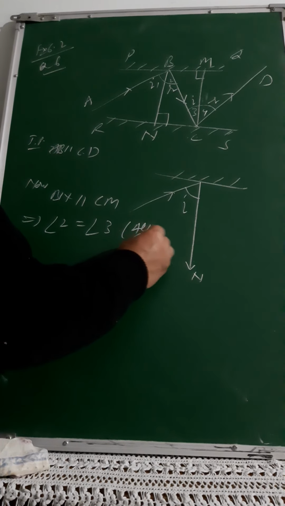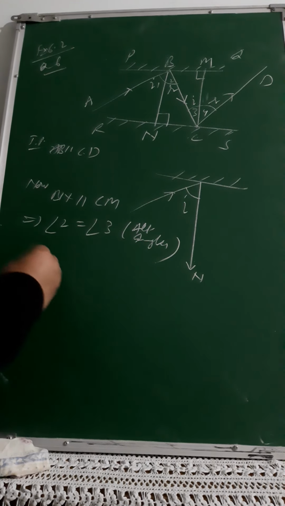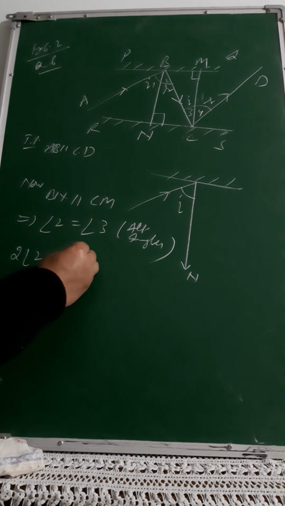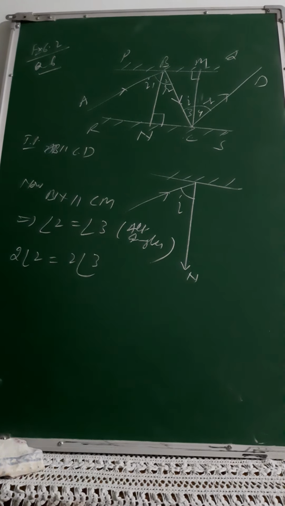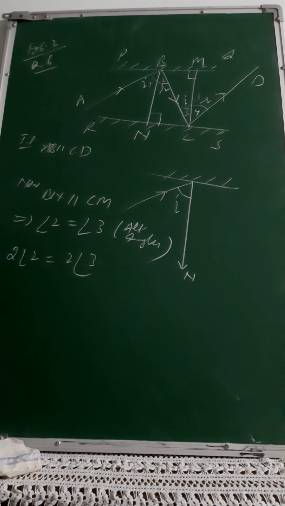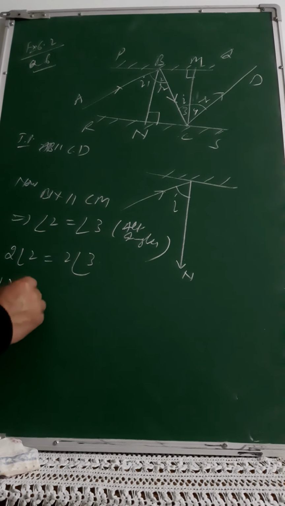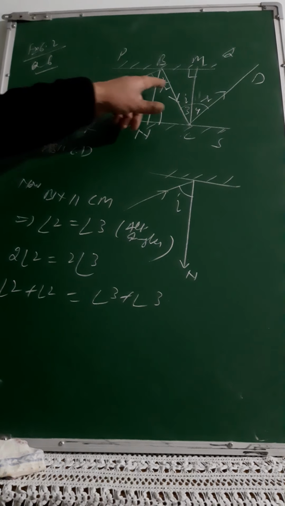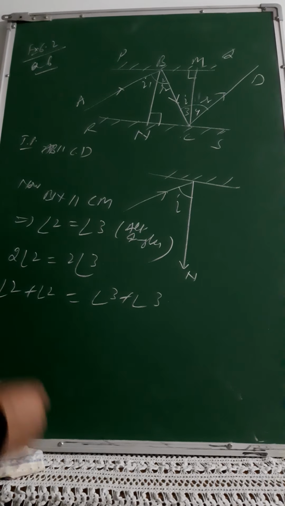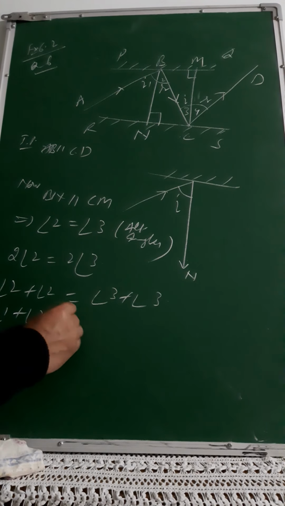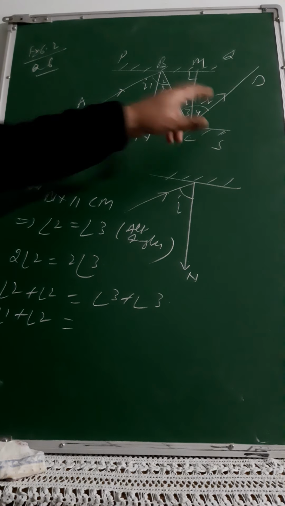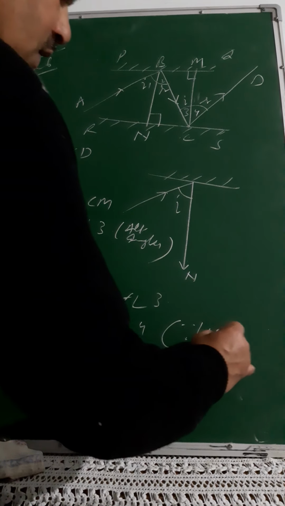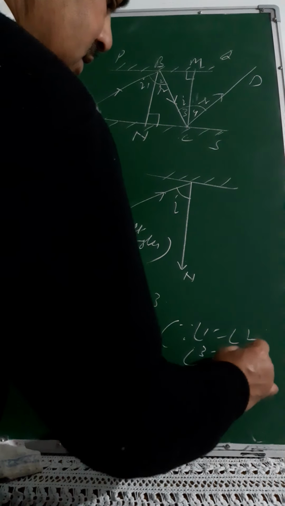You can write alternate angles, and then you can say twice angle 2 is equal to twice angle 3, since if two things are equal, their doubles are also equal. So I can split it as angle 2 plus angle 2 and angle 3 plus angle 3. But angle 2 is equal to angle 1, so I write 1 plus 2, and angle 3 is equal to angle 4, so 3 plus 4, because angle 1 is equal to angle 2 and angle 3 is equal to angle 4.